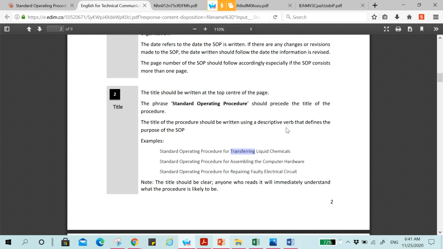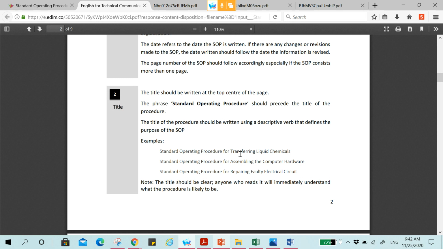For example, the word transferring here, the root word is transfer, which is the descriptive verb. Now, why do we have ing here? You might be wondering, right? The reason we have ing here is because we have the word for. After the word for, you need to write ing for the verb.